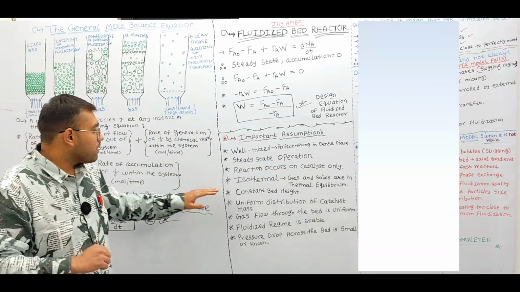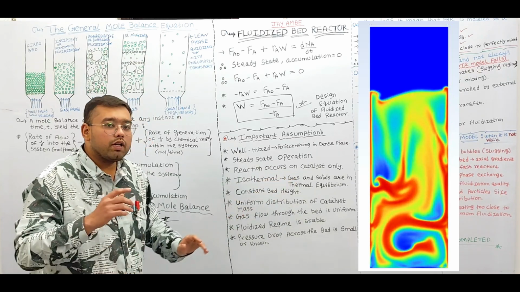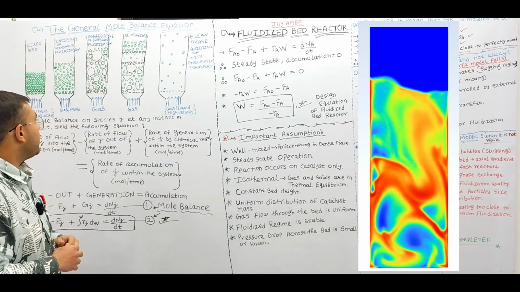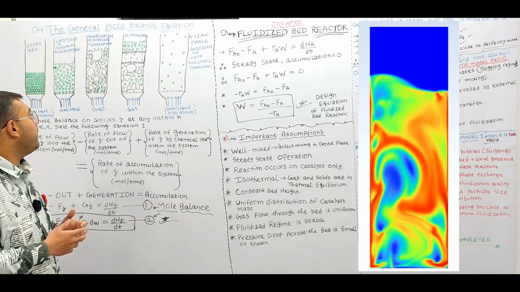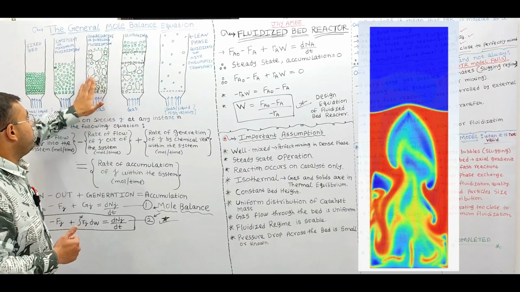Okay, the fourth assumption is the isothermal case, right? Gas and solids are in thermal equilibrium, which means in certain reactions there will be heat produced in the emulsion phase of the fluidized bed reactor.